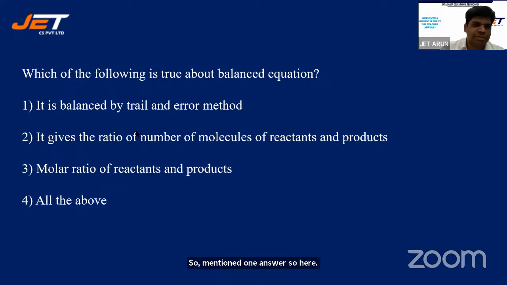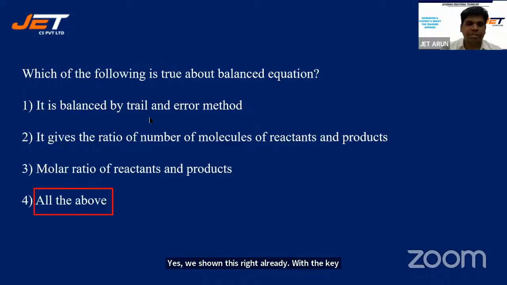Yes, Vishwant is right. All right, look at the key. It's all the above. That's absolutely right, students. The method we are using is trial and error method, inspection method. And the other 2 points are also consistent with that. They're right. Let's go for the next one.